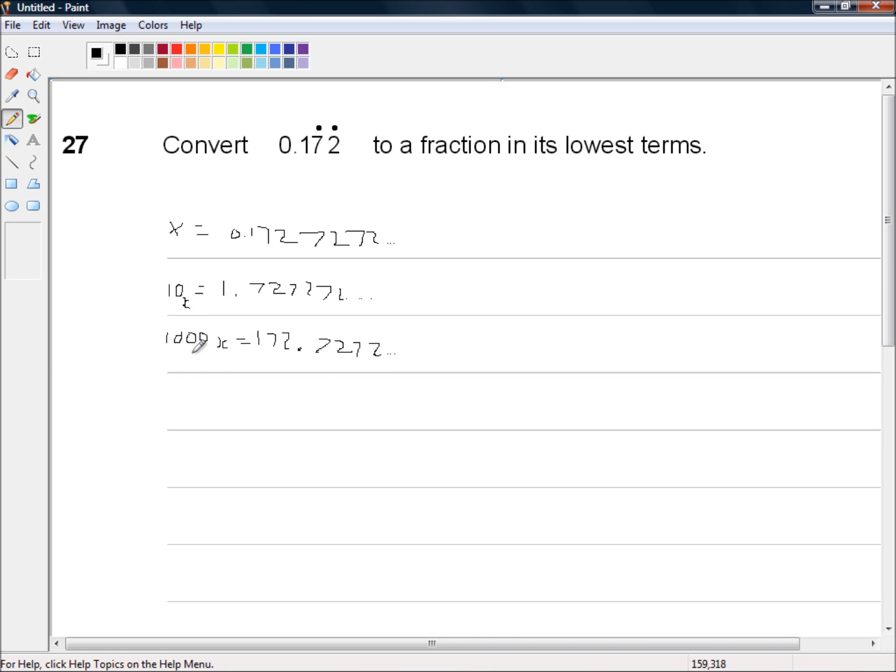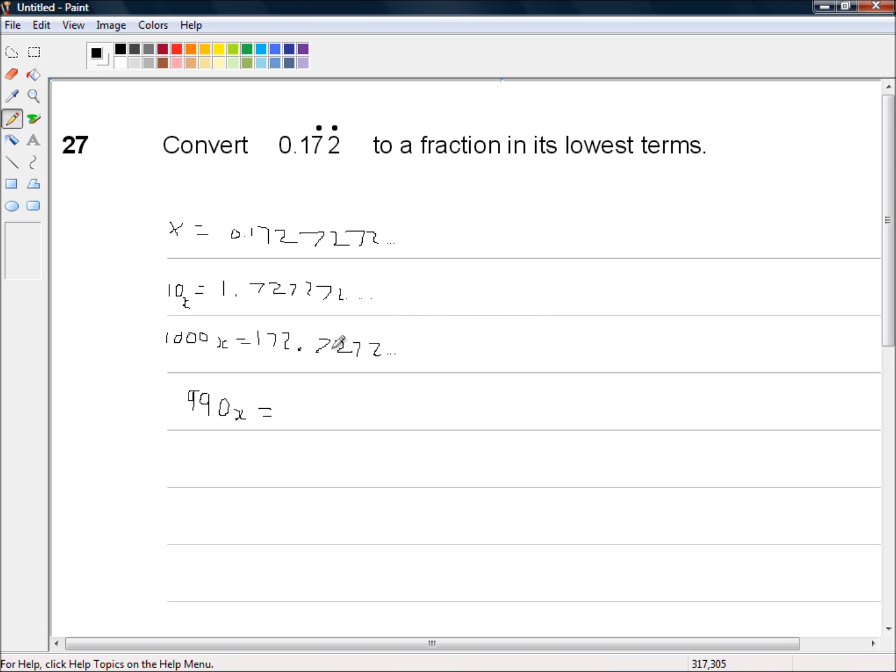So when we now subtract 10x from the 1000x, what we're left with is 990x is equal to 172.727272 forever minus 1.72727272 forever.